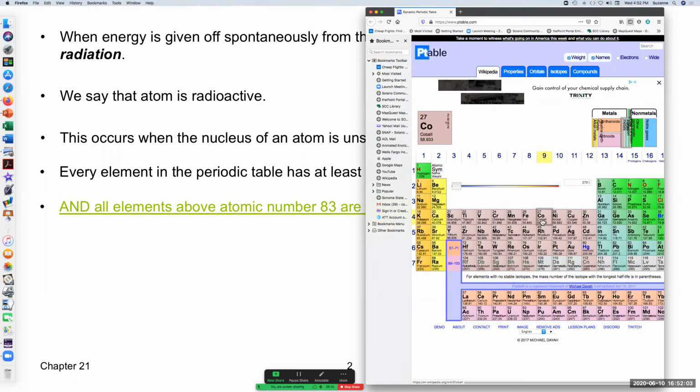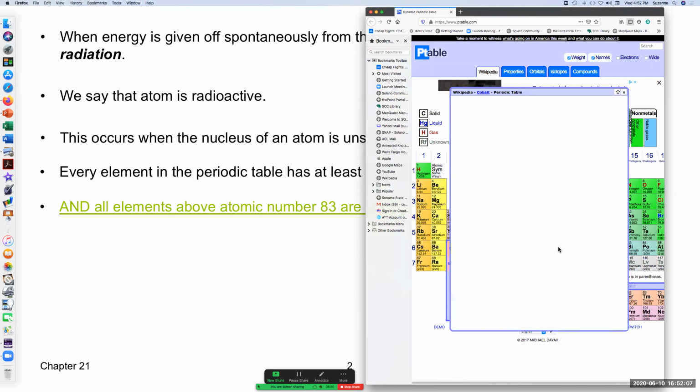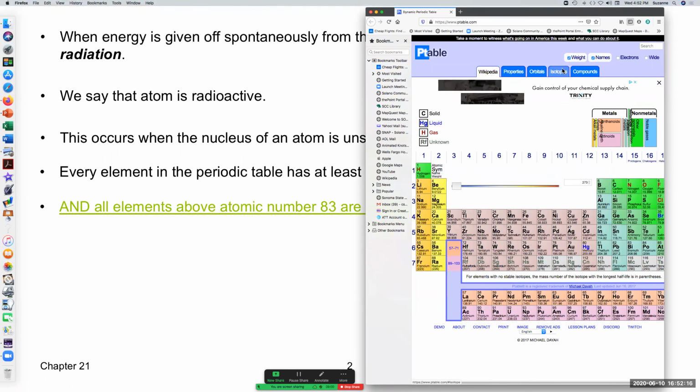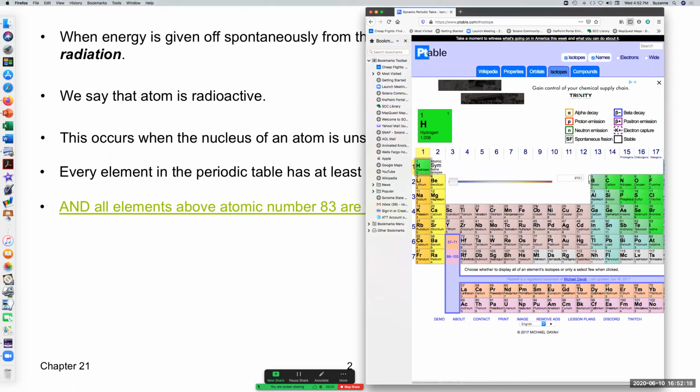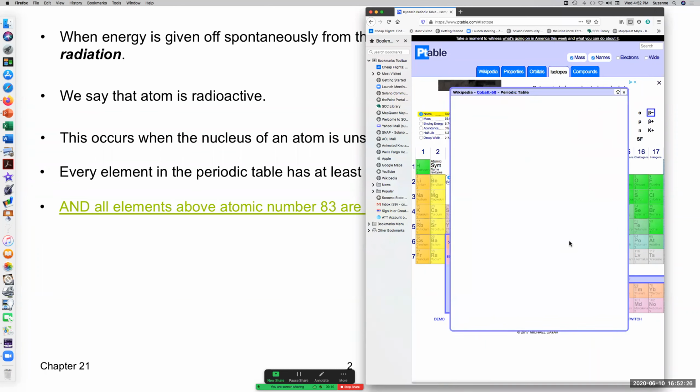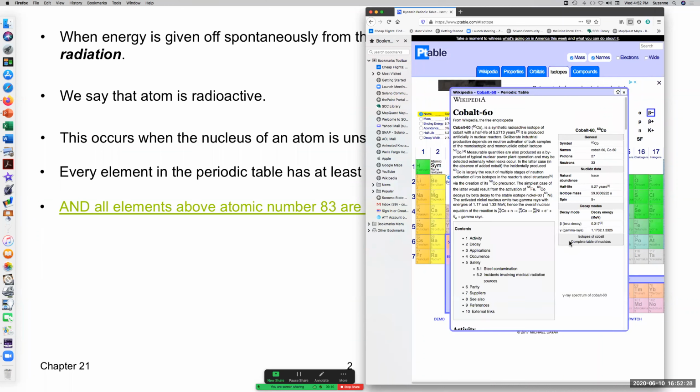If you look at, say, cobalt, right in the middle of the periodic table, cobalt has several isotopes. Let me go to isotopes. I'll go to cobalt, and it shows all the isotopes of cobalt. If we go up here, let's look at cobalt 60. It turns out cobalt 60 is a radioactive isotope of cobalt.